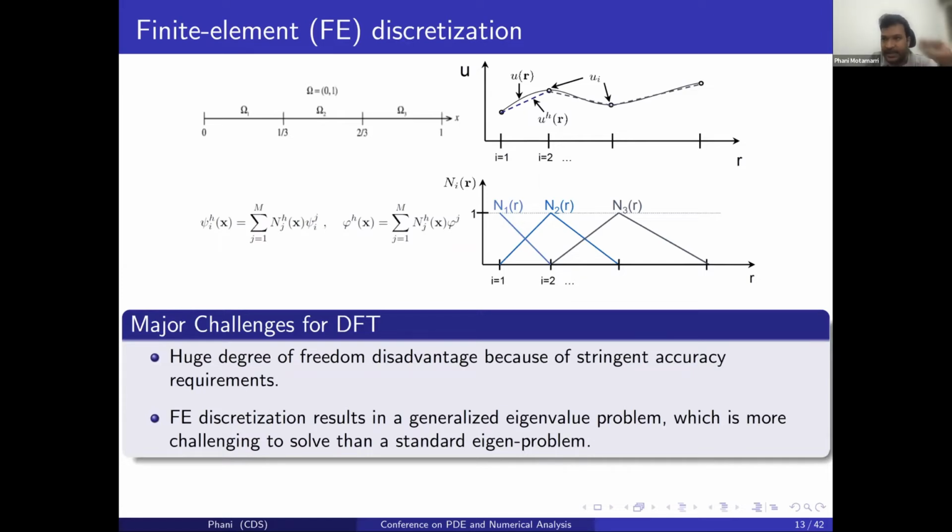For this reason, a generic polynomial basis like the finite element basis has a huge degree of freedom disadvantage because of the stringent accuracy requirements in computing the required material properties. Further, because these basis functions are not orthogonal, it usually results in a generalized eigenvalue problem, which is more challenging to solve than a standard eigenvalue problem in terms of the numerical methodologies you can employ.